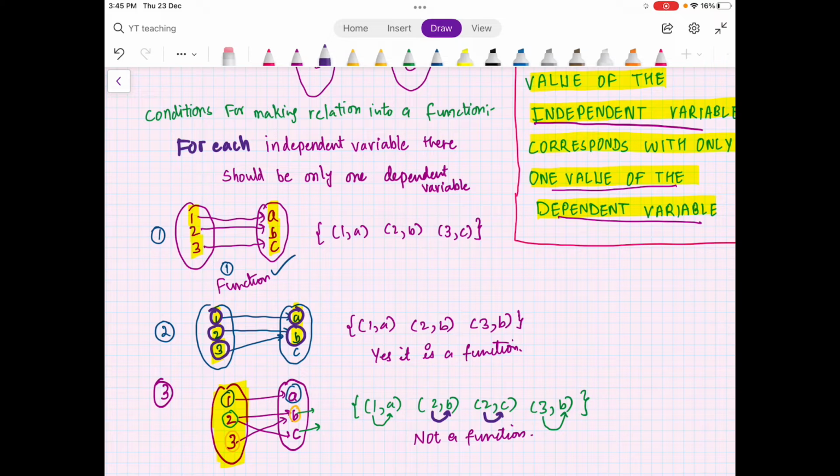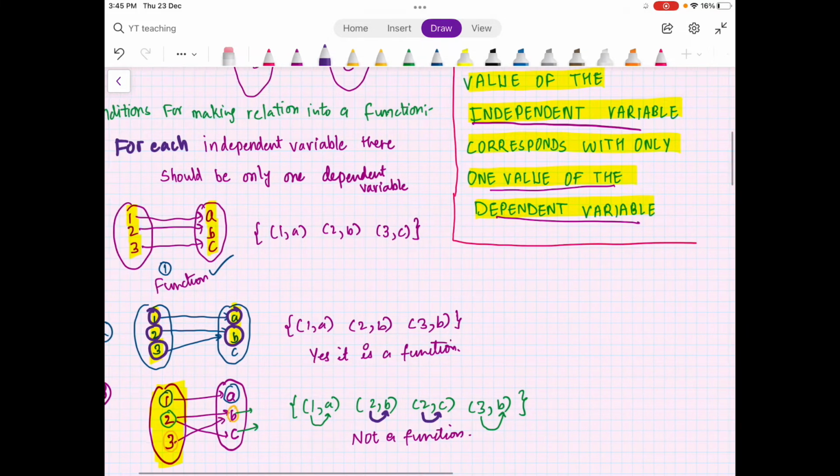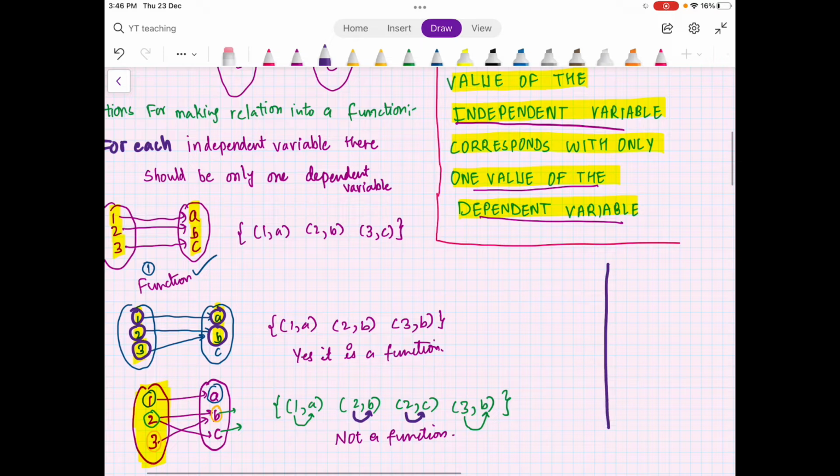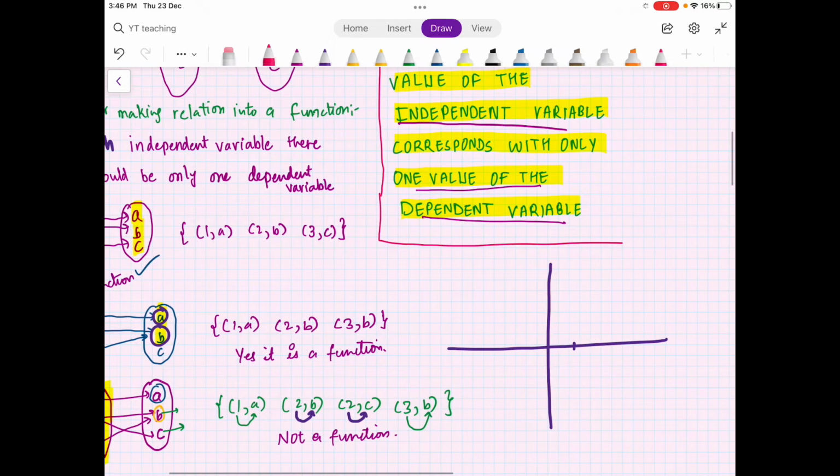So if we graphically look at these conditions, if I draw, these are my independent variables here, and these are my dependent variables. What I am saying is that corresponding to one value, suppose you have one value here, this is your independent variable, you can have only one dependent variable.